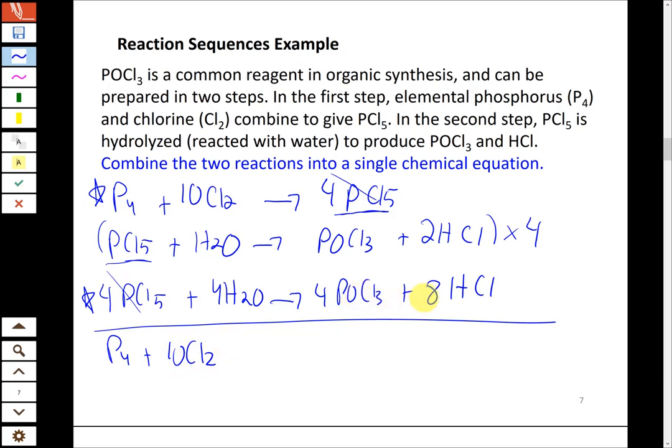Those don't cancel out with anything. And from the modified second equation, the only reactant that's left is the 4 H2Os. On the product side, PCl5 canceled out as an intermediate, and we're left with the 4 POCl3 and the 8 HCl. If you do that correctly, those coefficients should already be in their smallest whole number form. They are. There's no way to reduce this any further, and that would be the combined equation getting rid of that PCl5 intermediate.